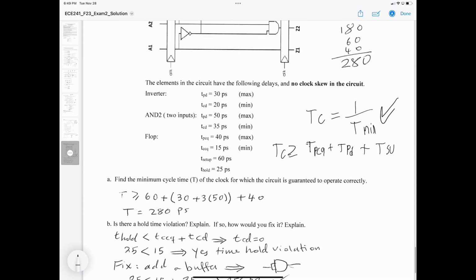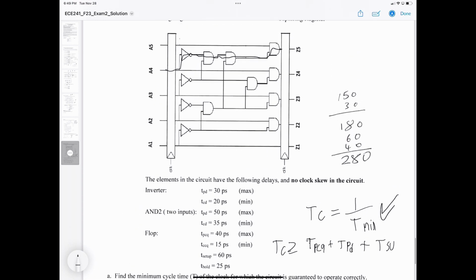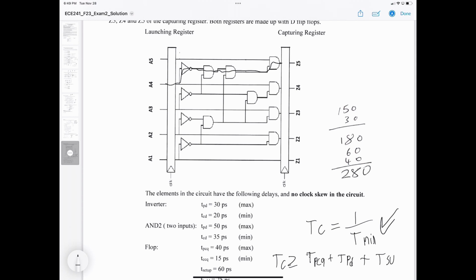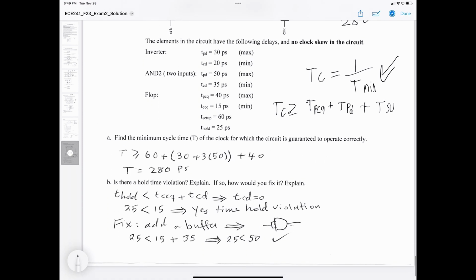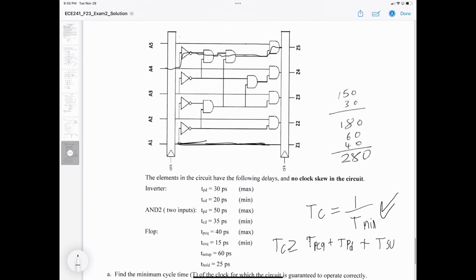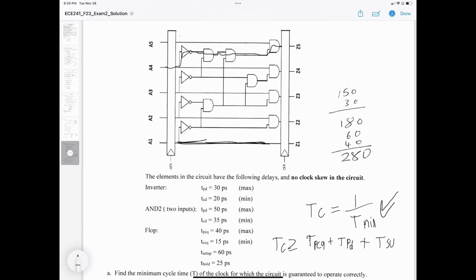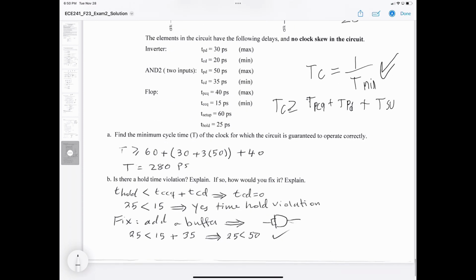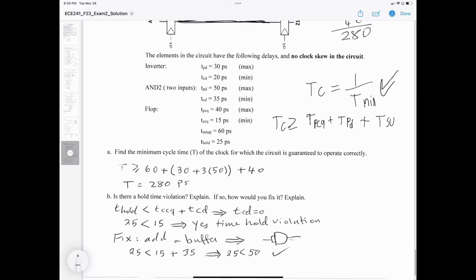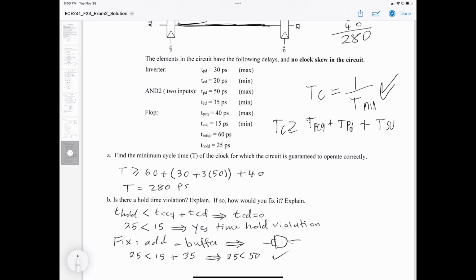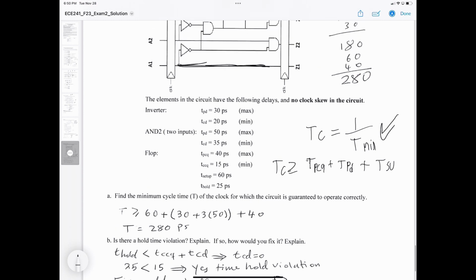So that'll be straightforward. Is there a hold time constraint? Yes. The hold time constraint has to do with the shortest path, which is here. If the T hold is greater than TCCQ plus TCD, then you have a hold time violation, right?